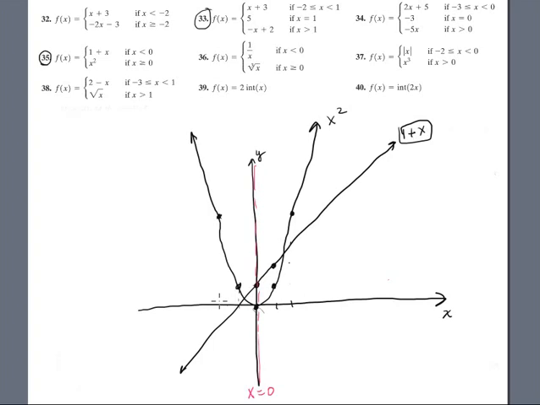Before 0, we navigate for the line until here, because specifically here we have an empty point because it's not equal. Now we have here a full point, and we continue navigating for the square function, but on the positive part to infinity.